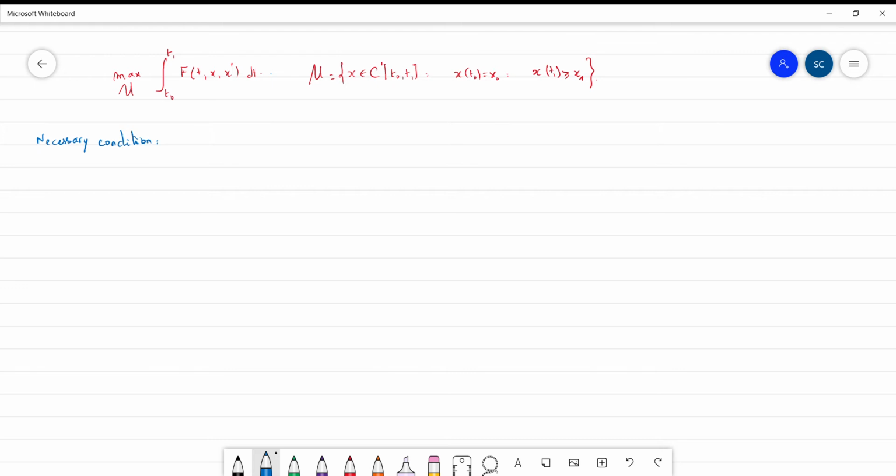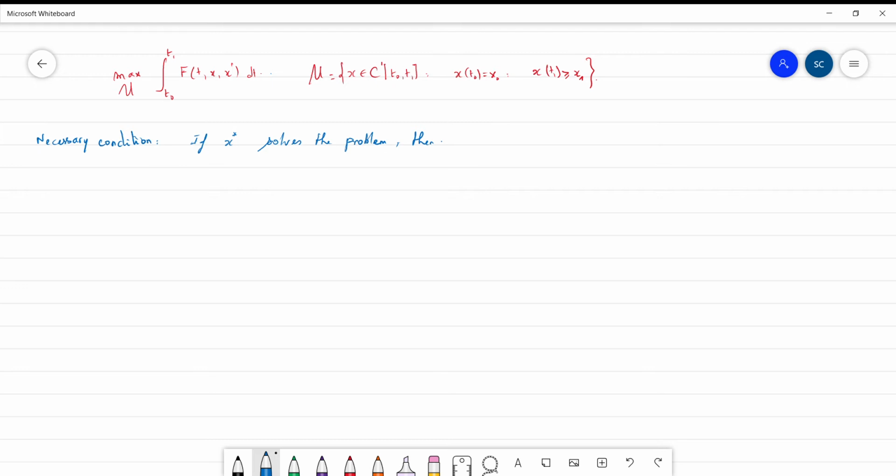So if x solves the problem, then necessarily we have Euler equations that are satisfied.